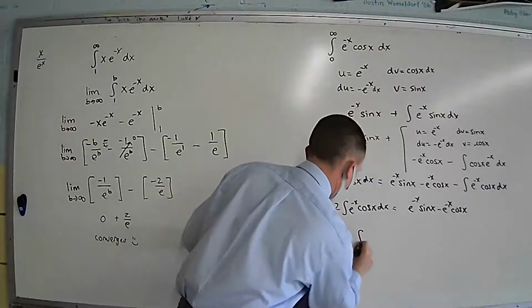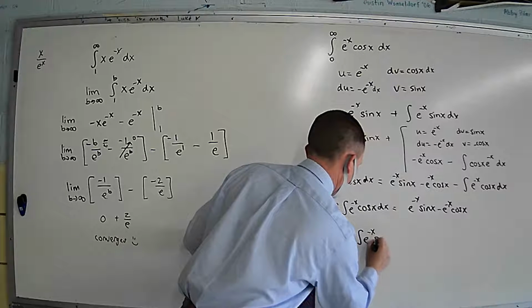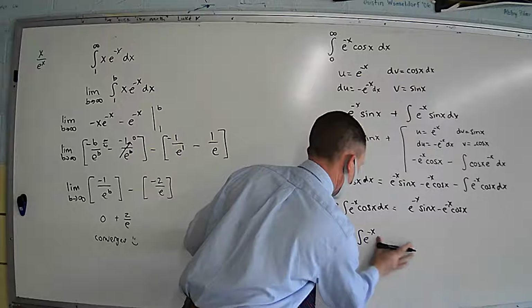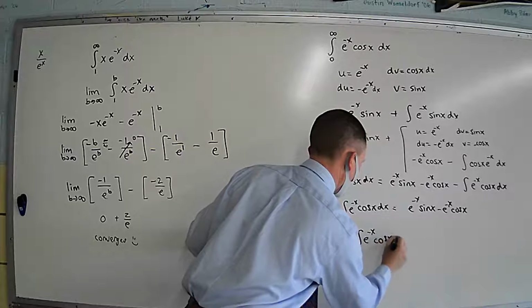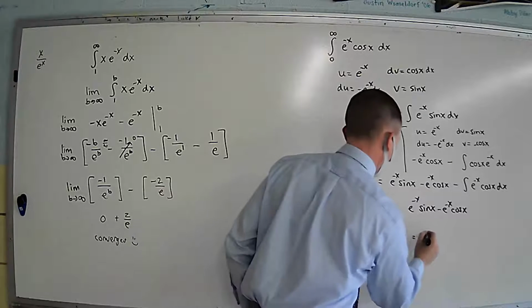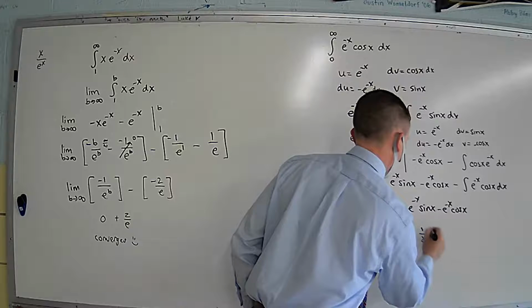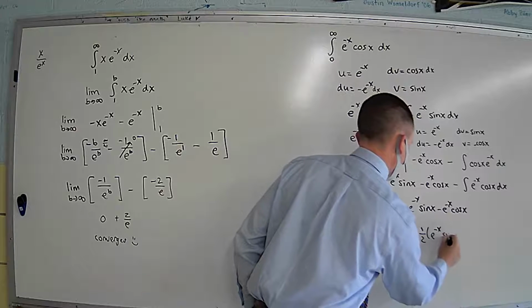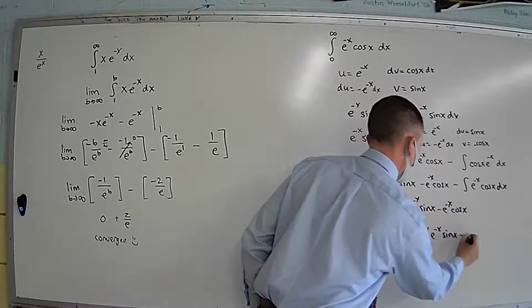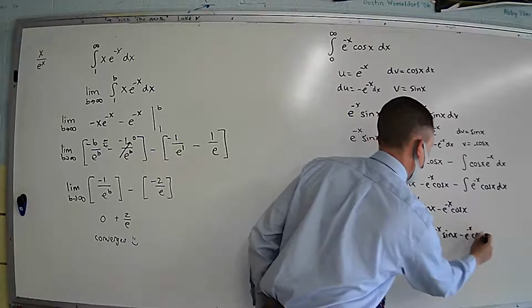So finally, the integral or the antiderivative of e to the negative x cosine of x is 1/2 e to the negative x sine of x minus e to the negative x cosine of x.